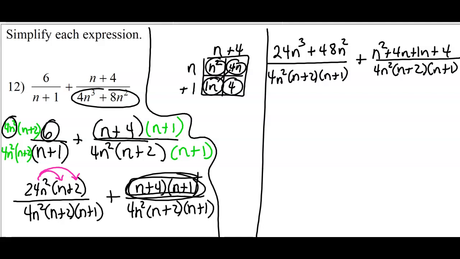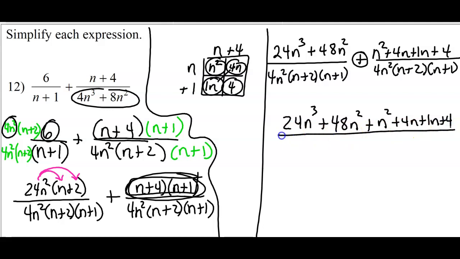But okay, so now that we have that, we don't really need to do any distribution here because my middle sign here is a plus, so we don't really need parentheses now. So I'm just going to go ahead and put all this together as one giant fraction. Okay, and then we're going to combine our like terms.